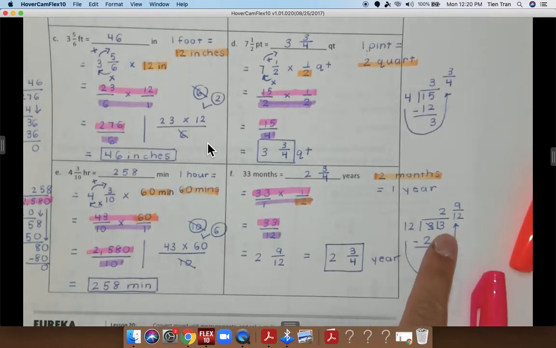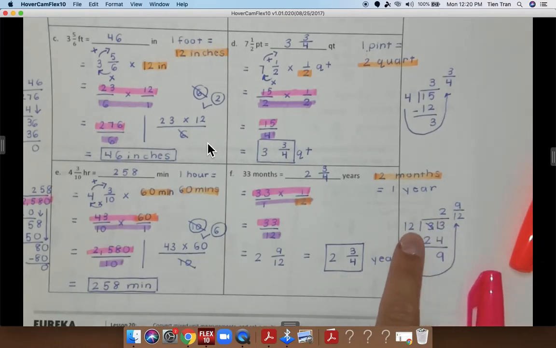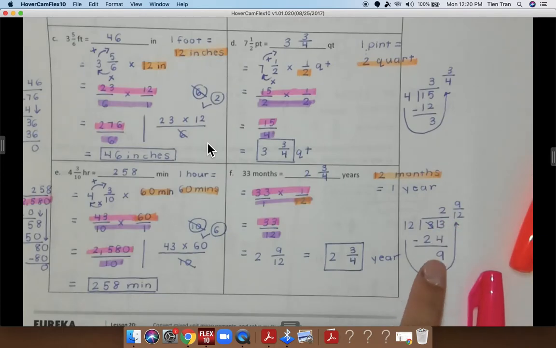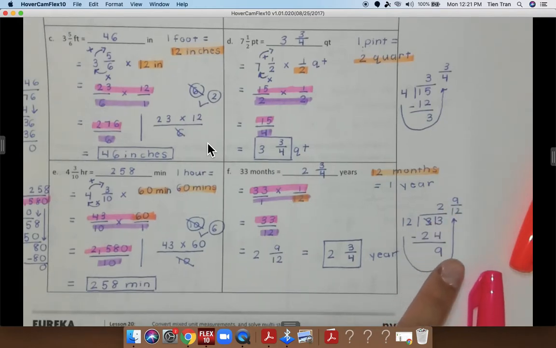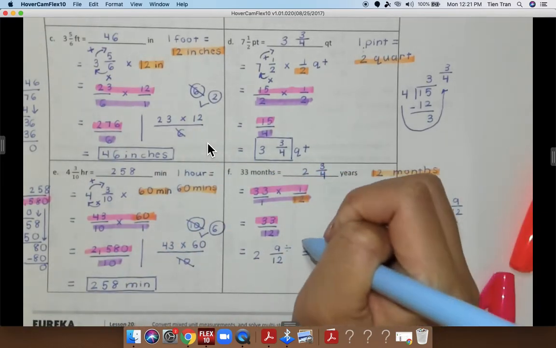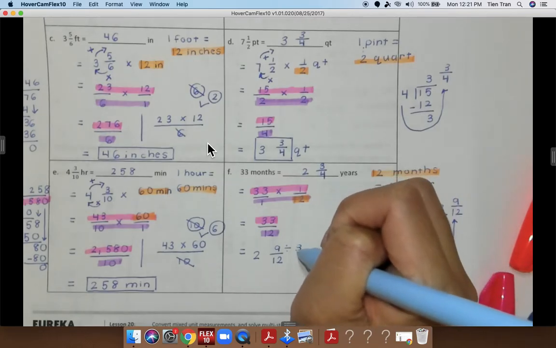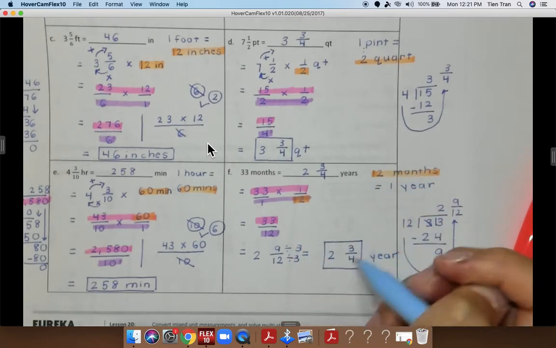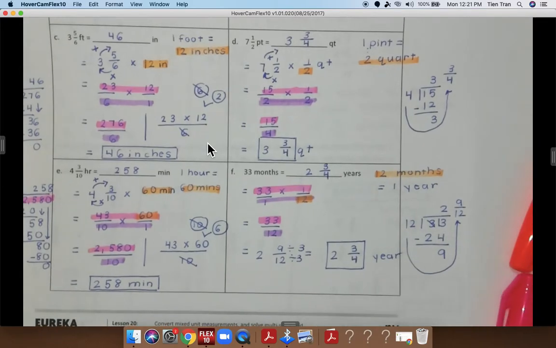Right here, 12 goes into 33 2 times. 12 times 2 is equal to 24. 33 minus 24 is 9. Your denominator is 12 and your numerator is 9 because that was your remainder. So you get 2 and 9/12. But you can actually divide the top and bottom number by 3. So that's going to give you 2 and 3/4 as your final answer.